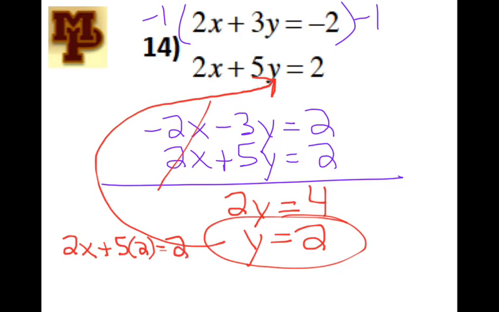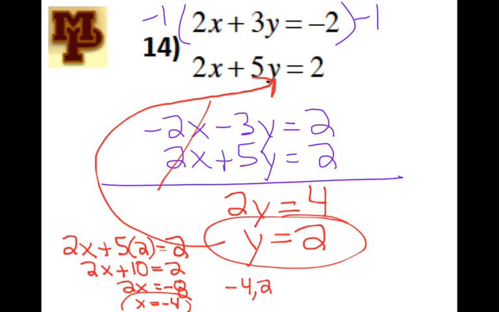So it's going to be 2x plus 10 equals 2. 2x equals, and you got to subtract 10, so that would make it minus 8. And then we're going to have x equals, and if you divide by 2, you're going to have negative 4. So we put those together, we're going to have negative 4, comma 2.